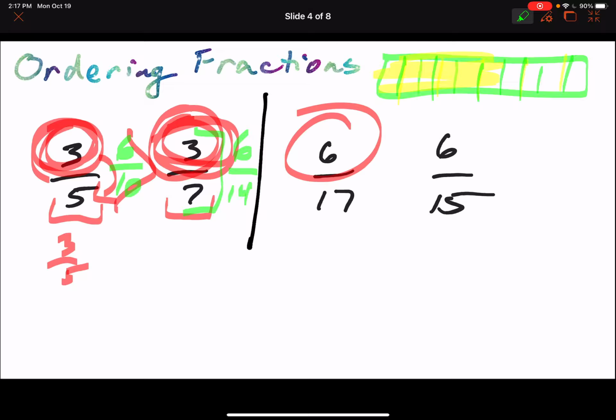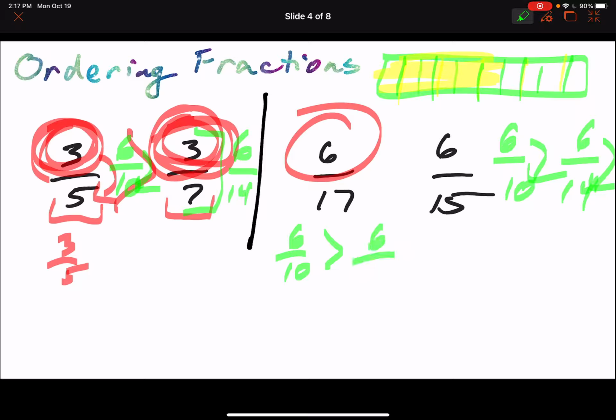And if I was going to write them in order from biggest number to smallest number, I'm now going to look at 6/10 and 6/14 and think, obviously 6/10 is the biggest number because I get 6 out of 10 pieces. 6/14 is also looking pretty good there.